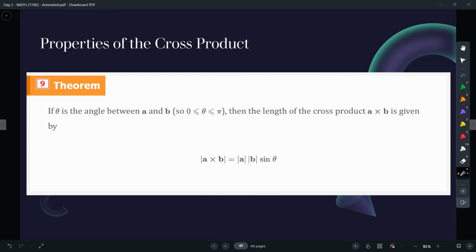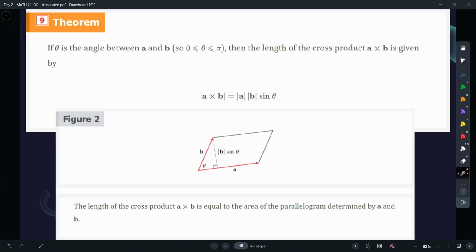And more importantly, the cross product has a very interesting length. The length of the cross product is the length of A times the length of B times the sine of the angle between them. And why is that interesting? Because there is a geometric interpretation. If I have an angle theta between A and B, and I draw a completed parallelogram between A and B, then by trigonometry this height is the length of B times the sine of theta.